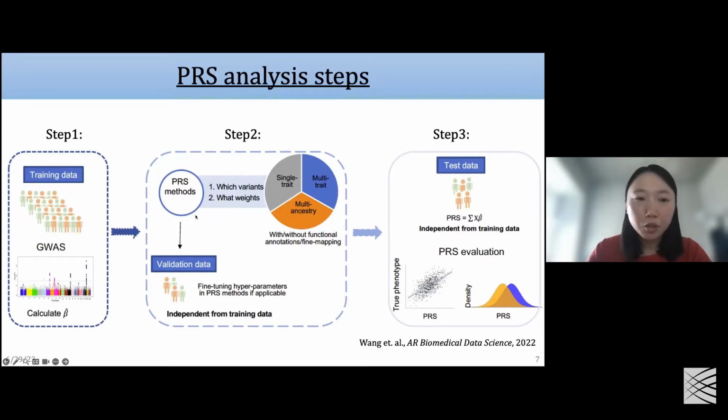So we usually run different PRS methods to shrink or rescale the effect sizes. Those methods define the two main components: which variants are included and what weights are associated with these variants. After running different PRS methods, we evaluate the PRS in independent test sets.